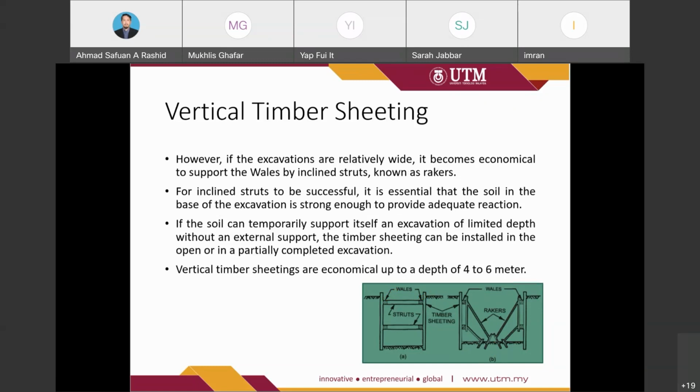If the soil can temporarily support itself in an excavation of limited depth without external support, the timber sheeting can be installed in the open or in a partially completed excavation. Normally vertical timber sheeting is economical up to a depth of 4 to 6 meters. So that is for the vertical timber sheeting.